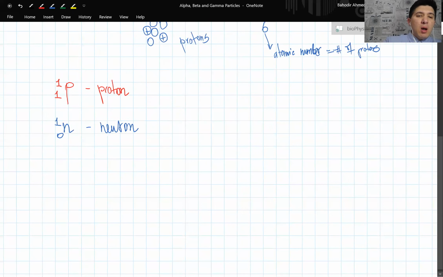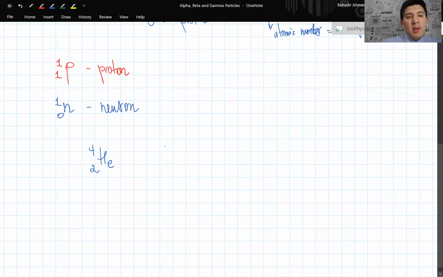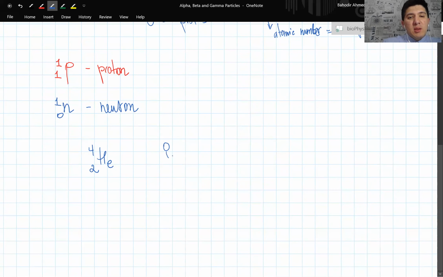We call helium, for example, with mass 4 and atomic number 2, an alpha particle. Basically, its nucleus is going to look roughly like this. It's going to have 2 protons and 2 neutrons, or we are going to denote it as alpha, 4 and 2.